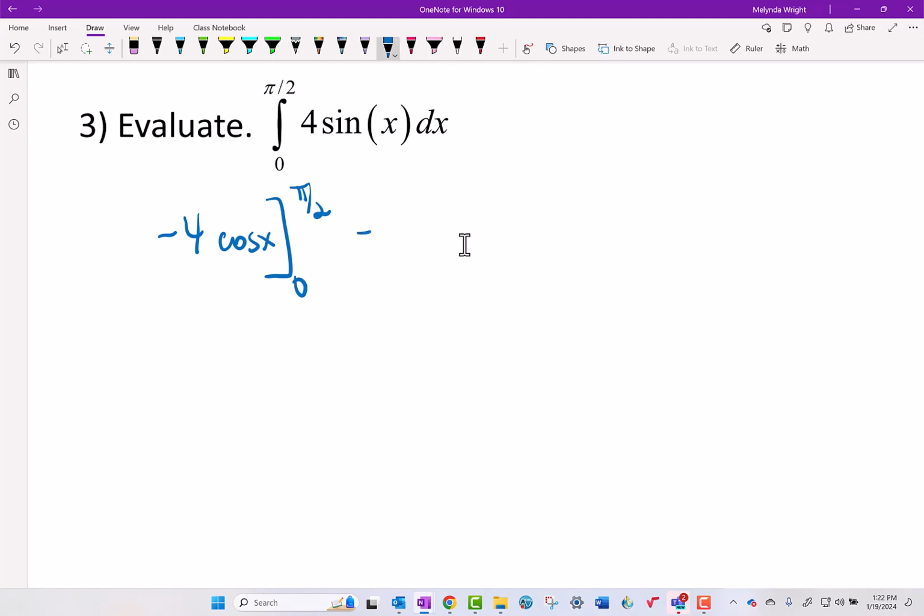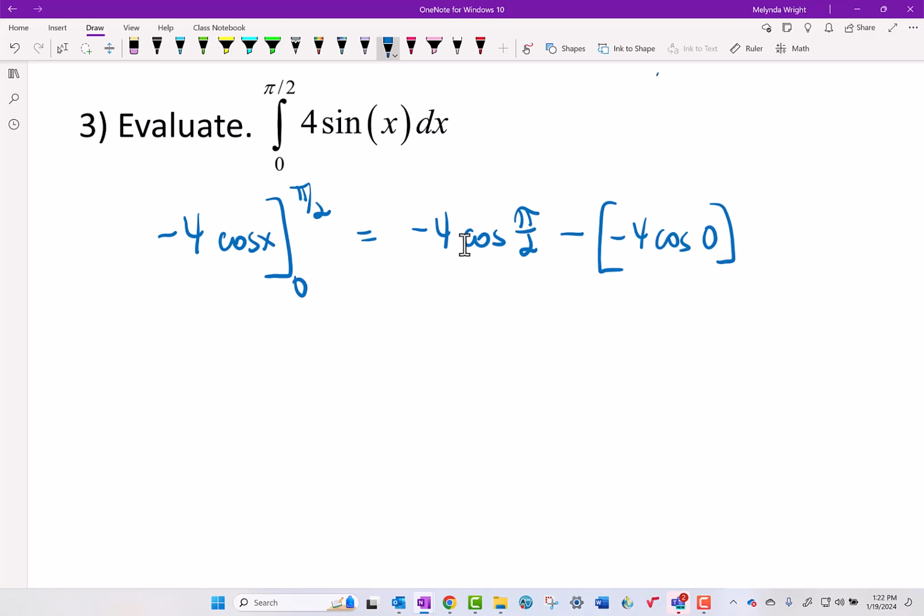So that's going to equal, we're going to do our f of b minus f of a. So -4 times cosine of pi/2 minus -4 times cosine of 0.